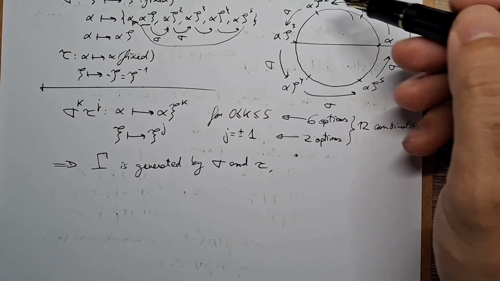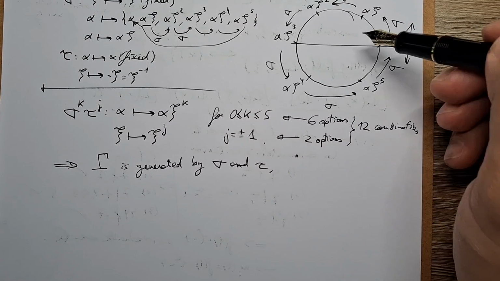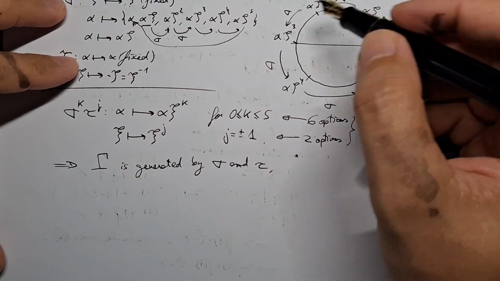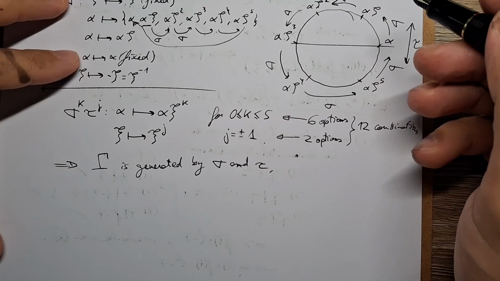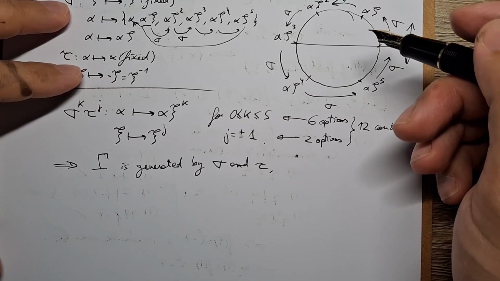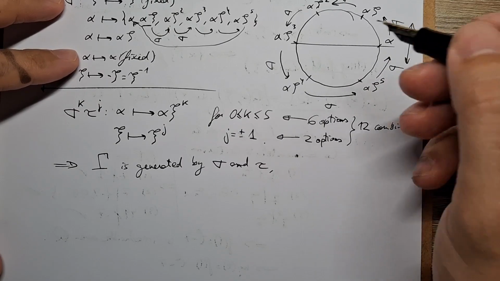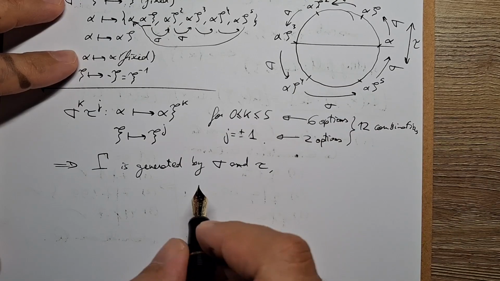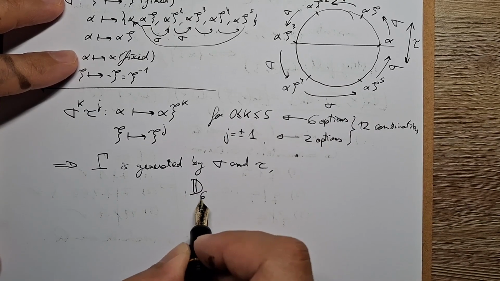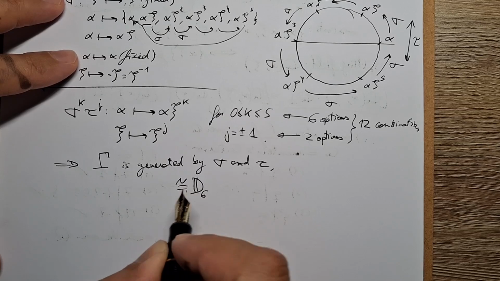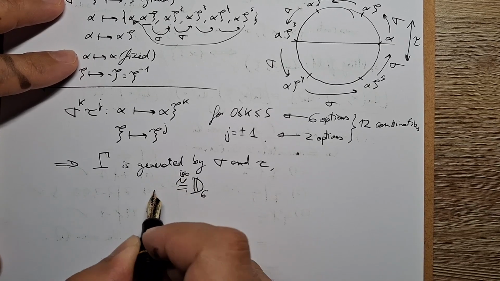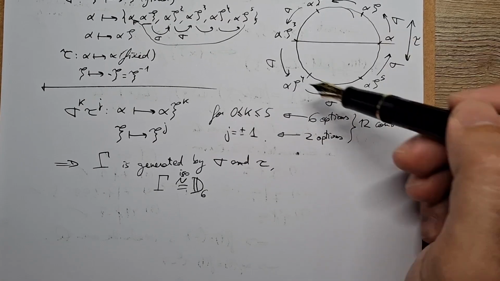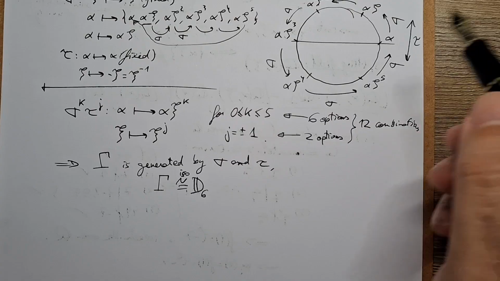So we have reflection, rotation, then we have reflection, and all the elements are spaced at a regular distance. In this case, it is the dihedral group of order 12, denoted D6. And this is isomorphic to our Galois group. So our Galois group is isomorphic to the dihedral group of order 12, D6.